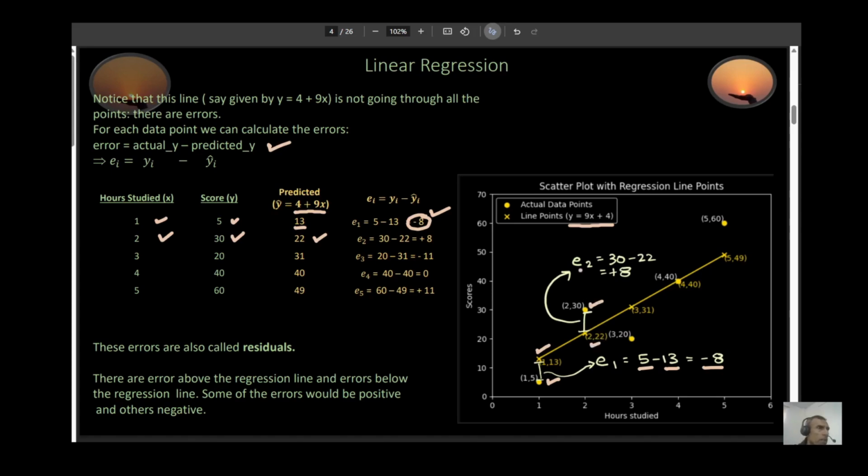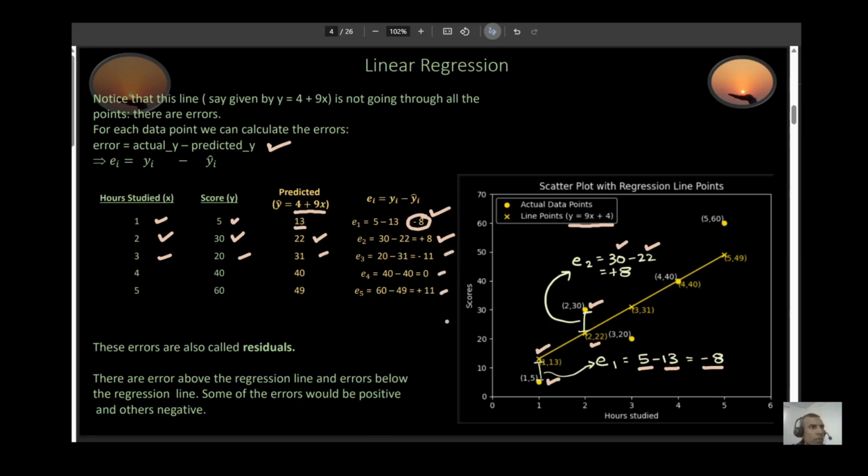So in this case, my error would be the actual value of y, which is 30, minus the predicted value, which is 22, which comes out to be 8. And this is how I get this plus 8 over here. You can do the same thing with the other points: calculate the actual score, calculate the predicted score, calculate the error, then calculate the error for the fourth, and calculate the error for the fifth.